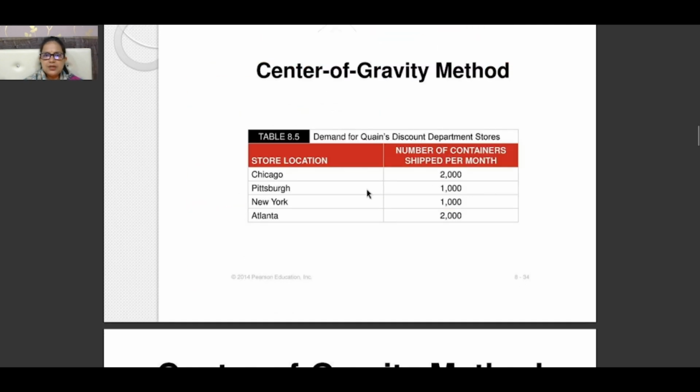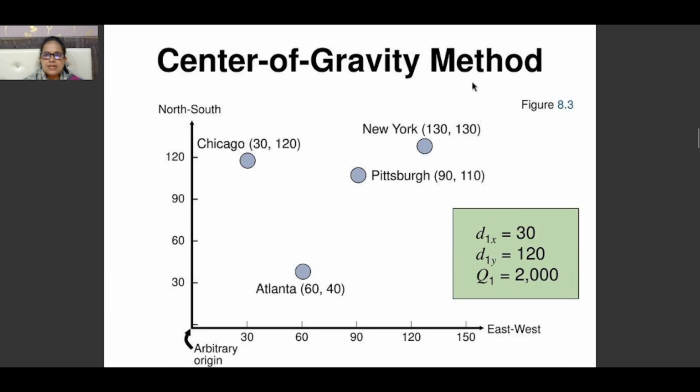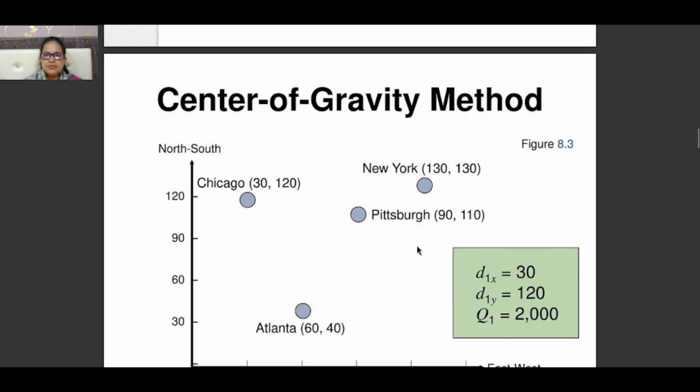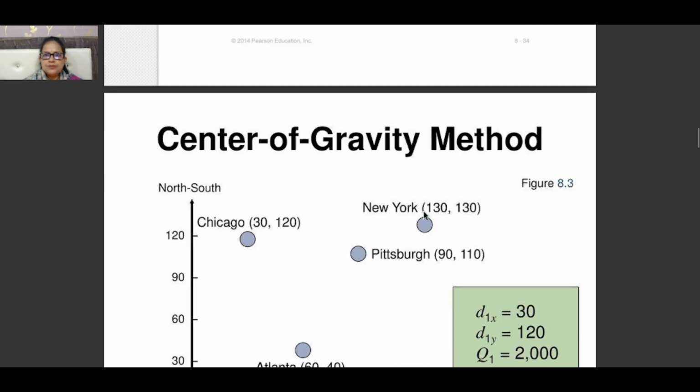See, this is Chicago, Pittsburgh, Newark, and Atlanta. These are the coordinates, and we calculate the central position here. There are 4 locations: 1, 2, 3, 4.